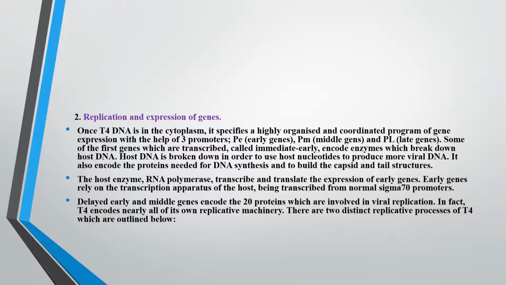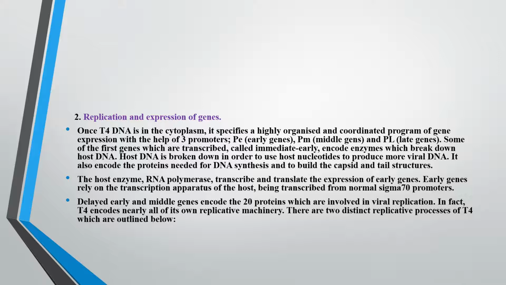Second is replication and expression of genes. Once T4 DNA is in the cytoplasm, it specifies a highly organized and coordinated program of gene expression with the help of three promoters. One is PE, for early genes, second is PM, for middle genes, and third is PL, for late genes. Some of the first genes which are transcribed are called immediate early genes, and they encode enzymes which break down host DNA.